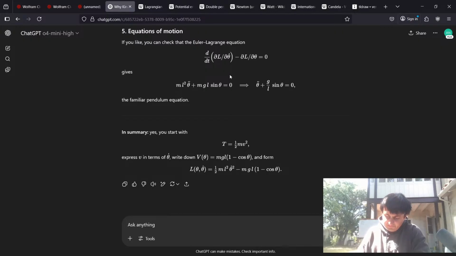So first off, this is L. We take d/dt of the partial of L with respect to theta dot, minus the partial of L with respect to theta.